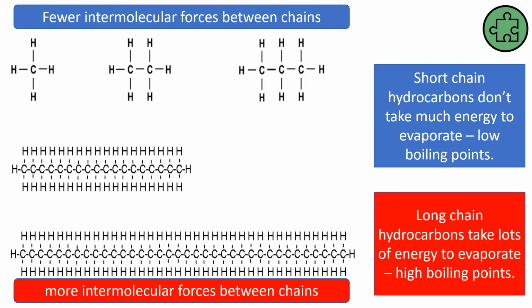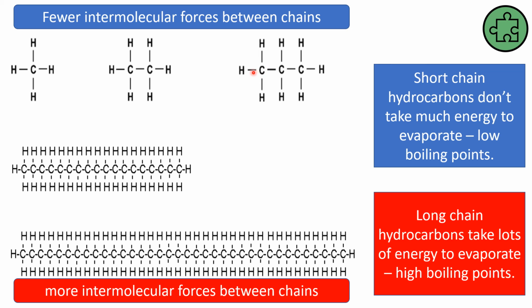So the question then is, well, why is it that the shorter chains, the smaller molecules, have lower boiling points? And why is it the longer chains or the big molecules have higher boiling points? Well, you should know that boiling point is to do with the energy needed to break bonds or to break forces. So in this, and you've got to be careful with your wording, you're not talking about breaking the covalent bonds, okay?